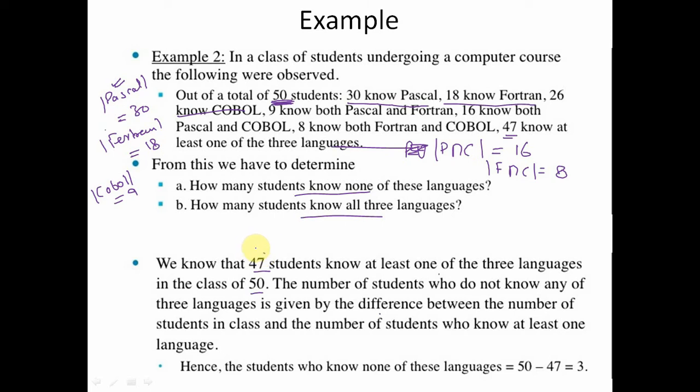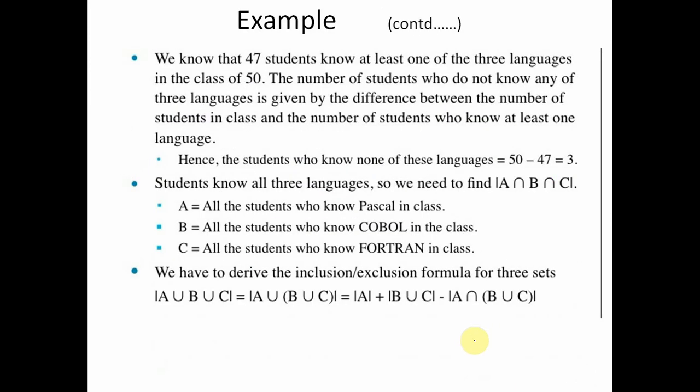So how many people do not know any language? That is 50 minus 47, which is equal to 3. Right? So in the class of 50, 47 people know at least one language and 3 people know none of the languages.